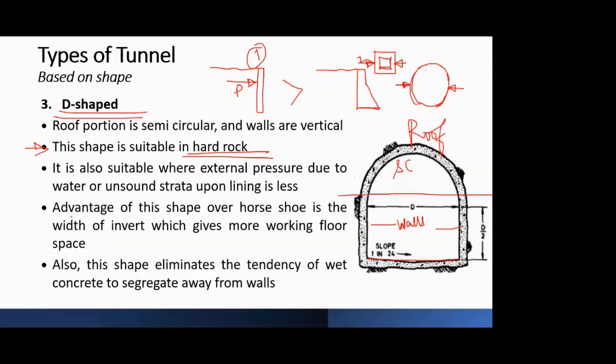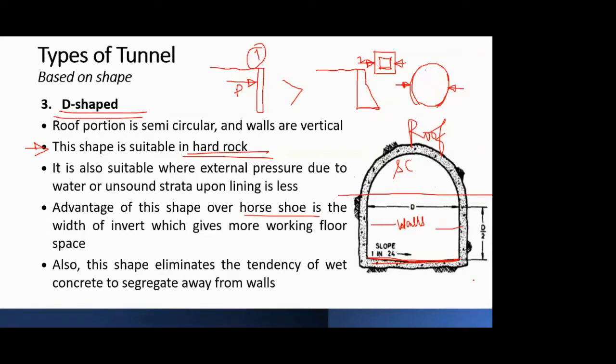And then if you talk about the advantage over the horseshoe, the main advantage is the invert level. What we do in a tunnel is we excavate something from the earth's crust, and that excavation is quite a costly affair. It takes a lot of money, manpower and material. So if you are excavating by investing so much, there is no point in again filling it.